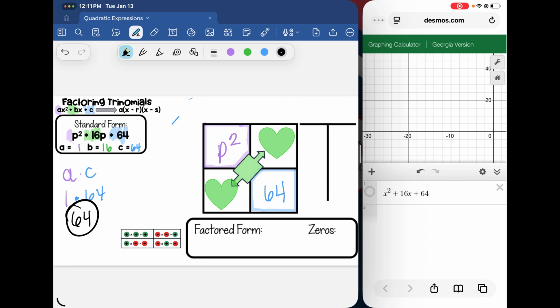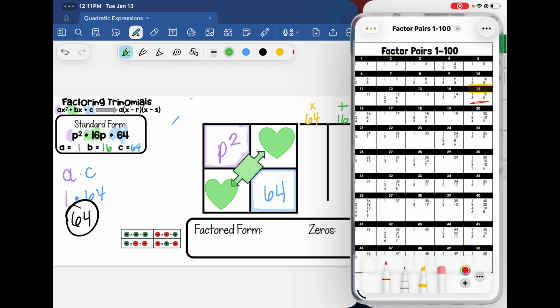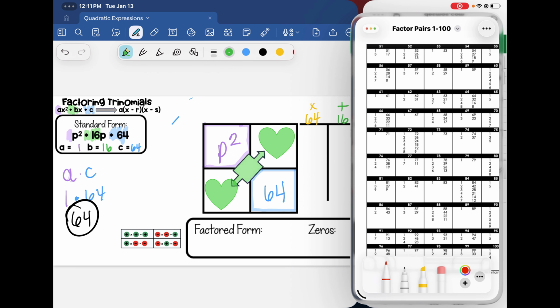So I want my two numbers to multiply to a positive 64, but I want them to add up to a positive 16. So I get my little sheet again. I find 64, and there's 64 right there. So these are all the combination of numbers that I can use that's going to multiply to a positive 64, which means I can say 1 times 64.